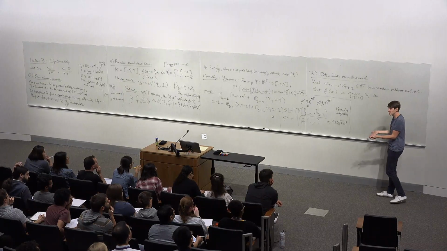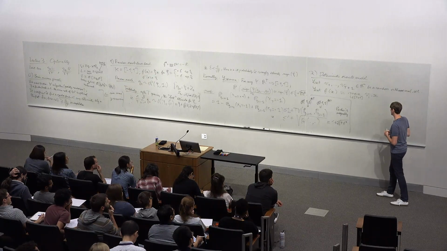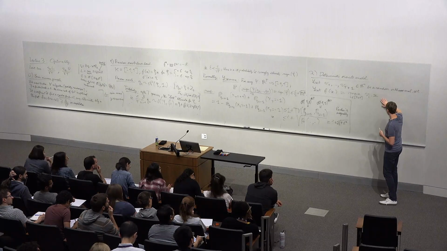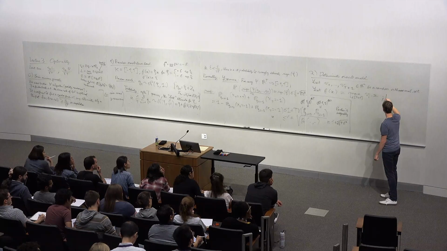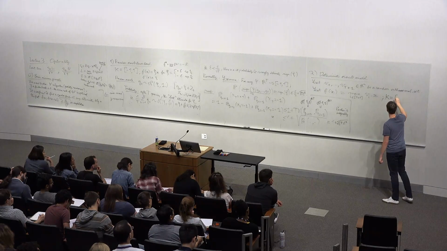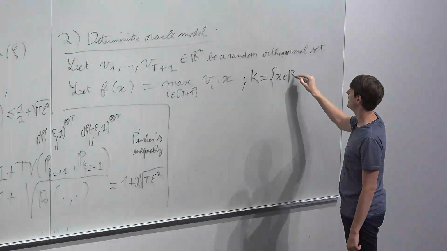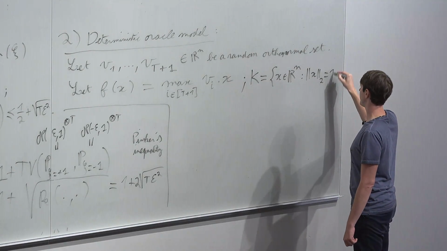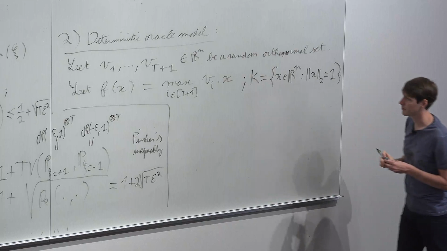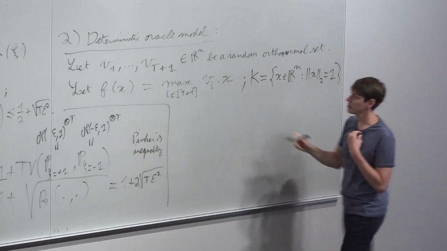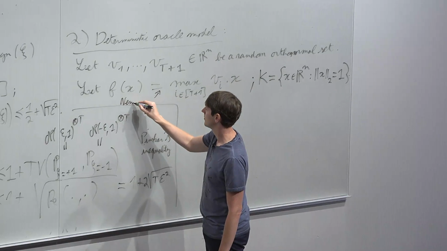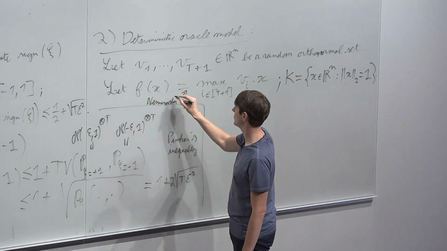This is convex, just because I'm taking the maximum of those convex functions. And K is just going to be the unit ball, the set of x in R^n such that the Euclidean norm of x is at most 1. Let's call this function the Nemirovski function. It's a very beautiful one, I think.